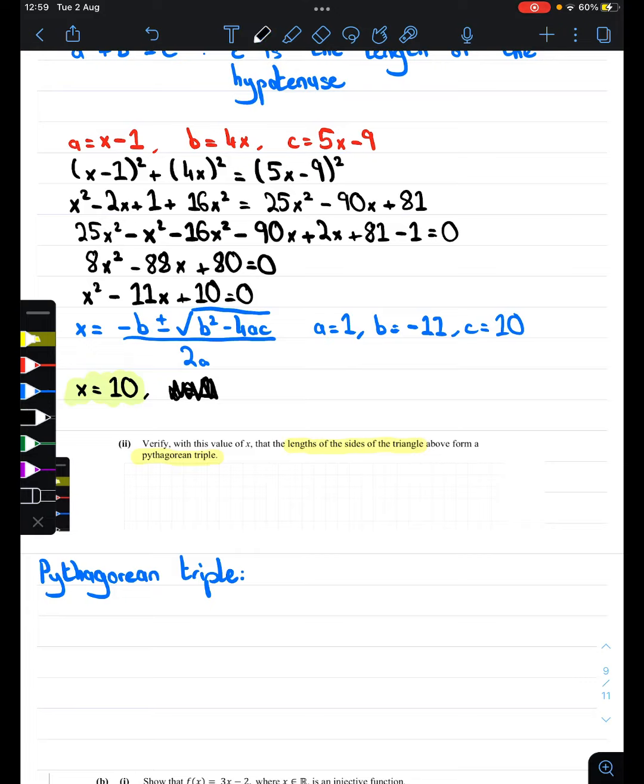A Pythagorean triple is 3 natural numbers that satisfy Pythagoras' theorem.